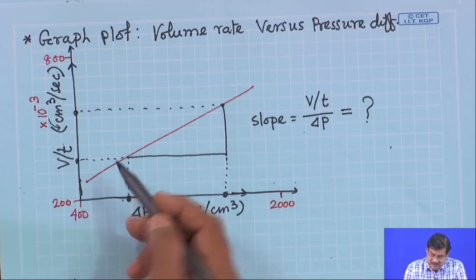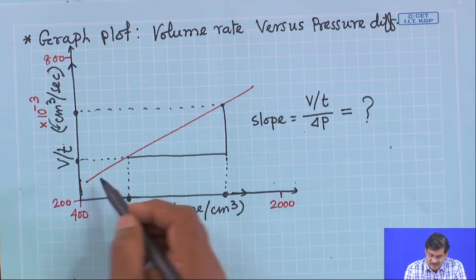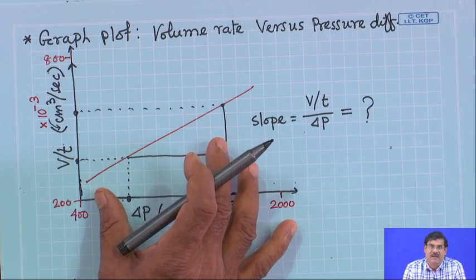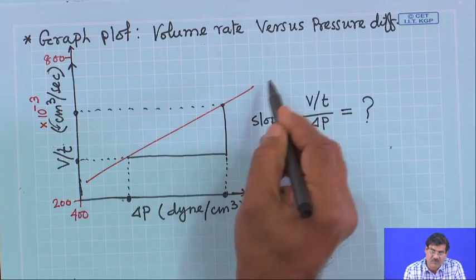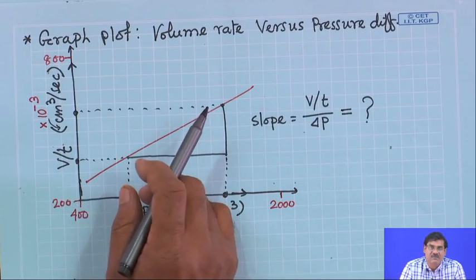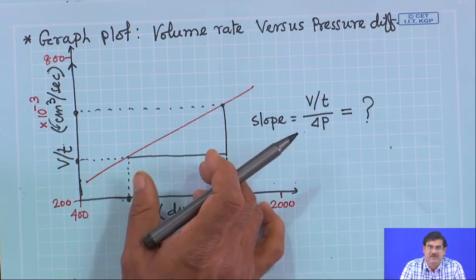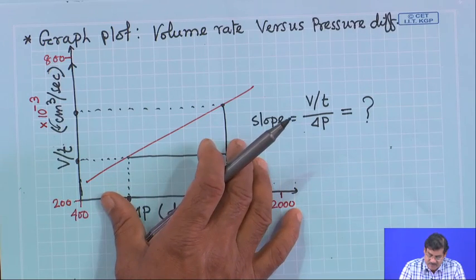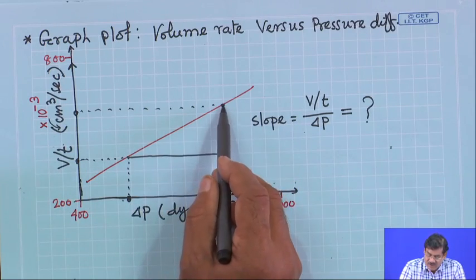Then you have five data points, and you have to plot these 5 data points. From the equation one can see it will be a straight line. So you should draw an average straight line, and from there you find the slope.